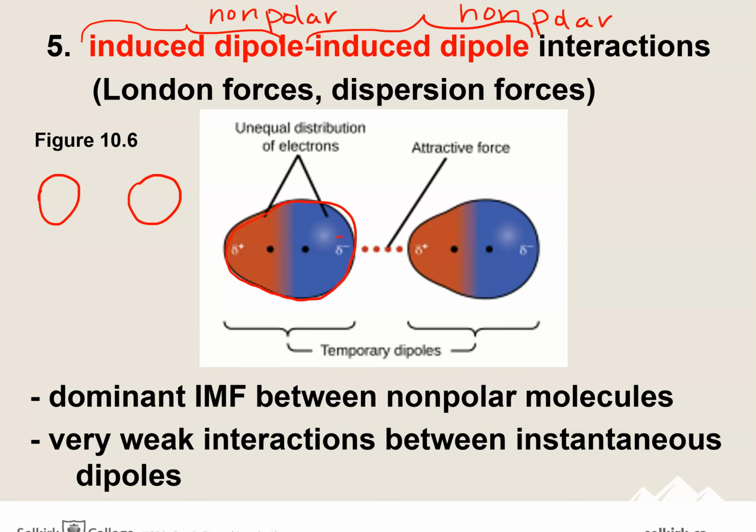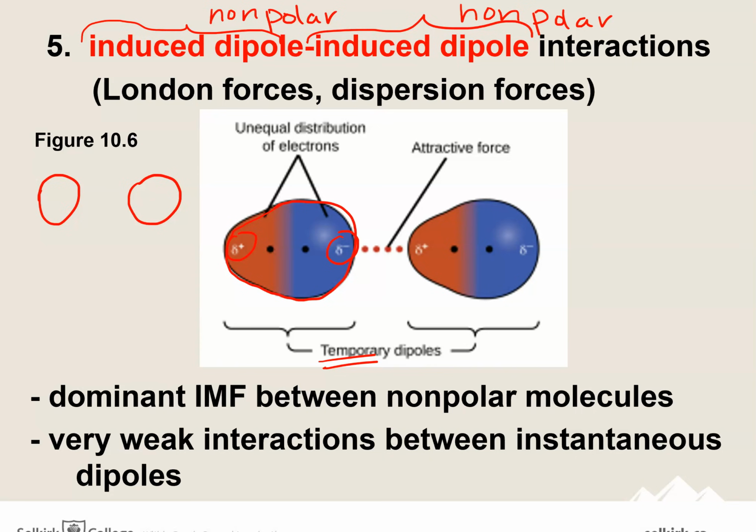The electrons just happen to be a little closer to this end for one second than to this end. If you look the next split second later, those electrons have moved again, and those tiny dipoles have been moved to another part. In a time averaged way, the molecule isn't polar overall, but at any split second, you can get a temporary misalignment of electrons, you get a temporary dipole.